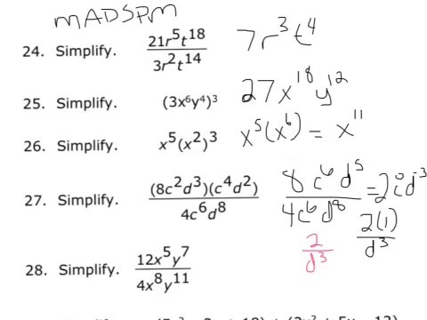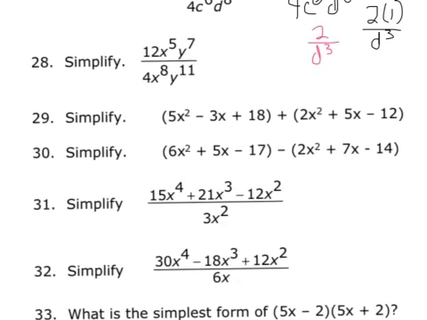Okay, number 28. We're going to simplify that as well. And we see that we have a division. There's nothing on the numerator to simplify, nothing in the denominator to simplify. So straight division with exponents.